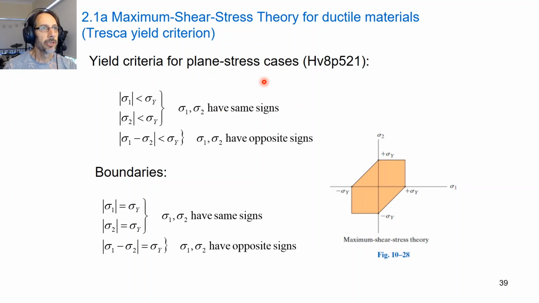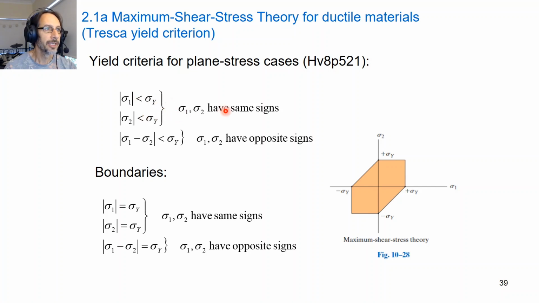Okay, so the yield criteria for plane stress. Again, I talked about how textbooks tend to try and simplify things and keep things in a 2D system, whereas I like to think of everything as 3D. So here they've recalled the rules where you have the normal stresses as found on Mohr's circle.